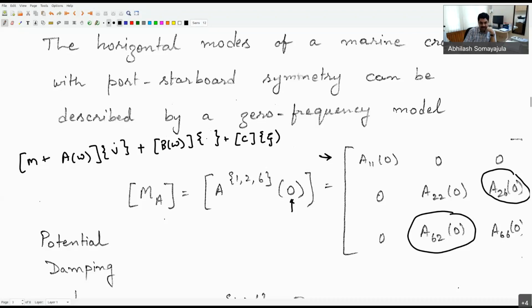So I can call the velocity zeta dot and the acceleration zeta double dot, and that's equal to the force. This is something which you have seen in the seakeeping model, isn't it? Yes, sir. So here these quantities are frequency dependent.